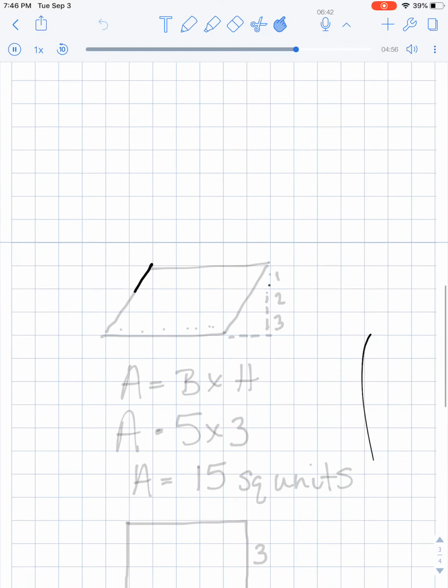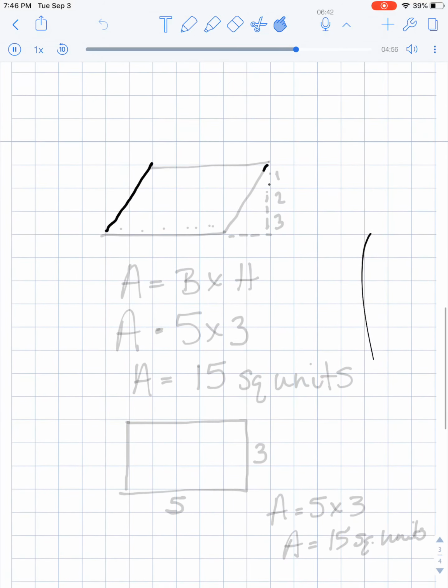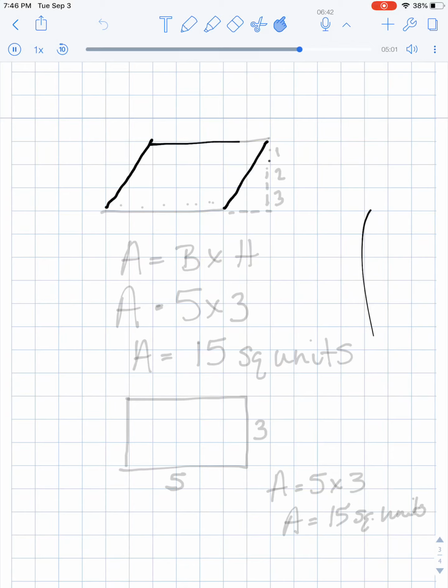So on our parallelogram, okay, this is the parallelogram we had earlier. My base is 1, 2, 3, 4, 5 units. Area equals base times height. My base, because it's on the bottom, is 1, 2, 3, 4, 5 units. Now my height is what makes a right angle from my base.